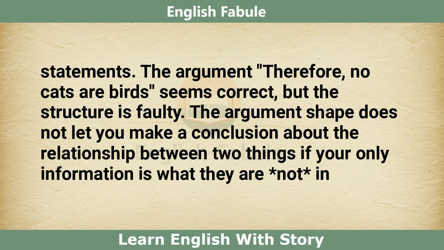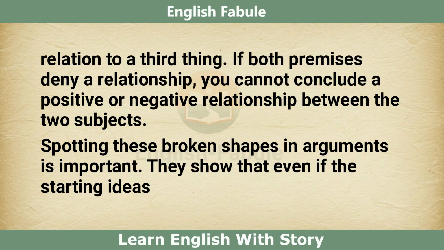The argument shape does not let you make a conclusion about the relationship between two things if your only information is what they are not in relation to a third thing. If both premises deny a relationship, you cannot conclude a positive or negative relationship between the two subjects.